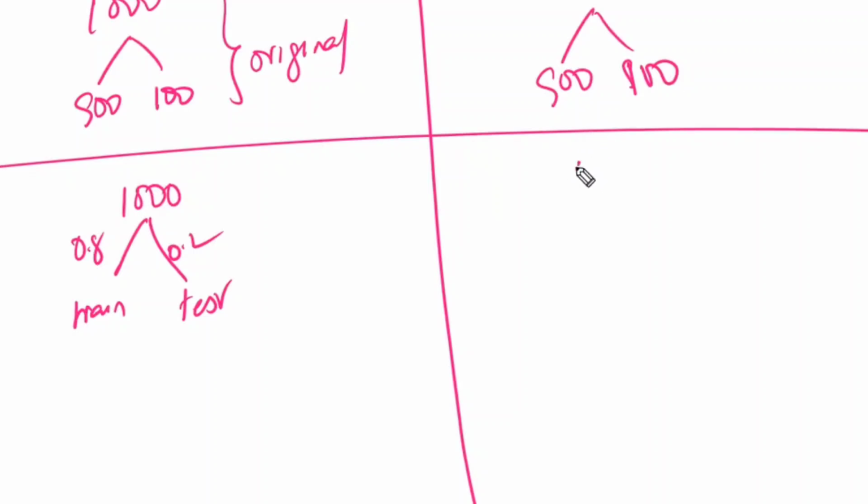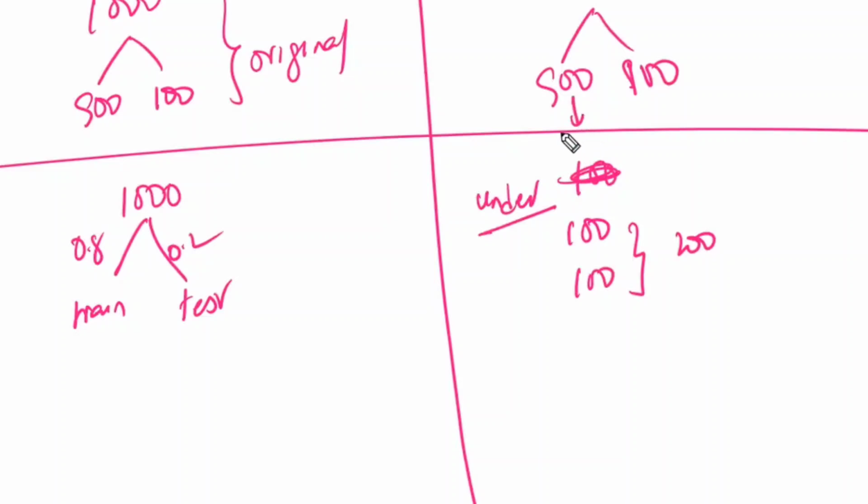For example, if I am considering undersampling, 100 and 100 means now only 200 records you are having. The remaining 800 records you are removing and not going to use. Out of these 200 records, you are going to apply 0.8 and 0.2 and continue the concept. Is that clear?